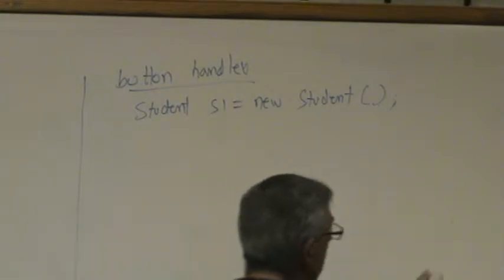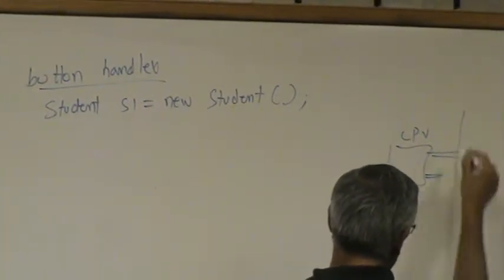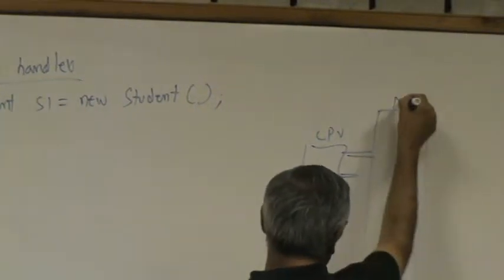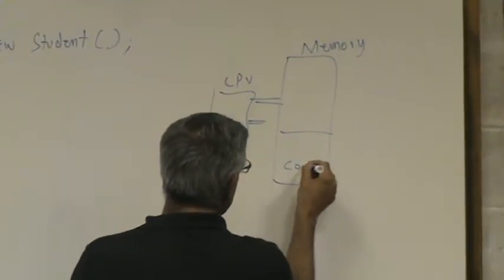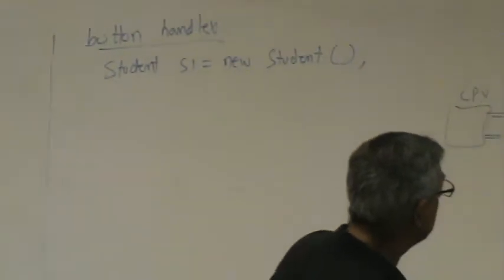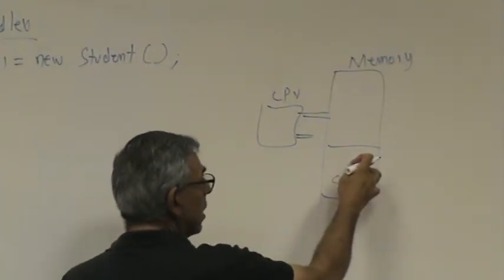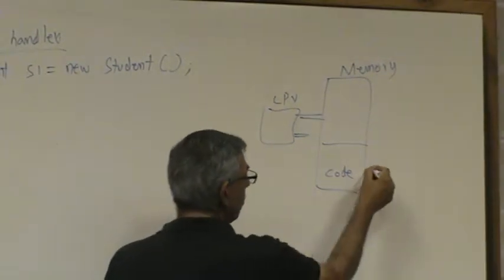Stack area. If this is the CPU, and this is the memory, remember we discussed that there's a code area. Whatever code we are writing, the button handler, it will be compiled, and once the CLR converts it to the machine code, it will go into this code area.